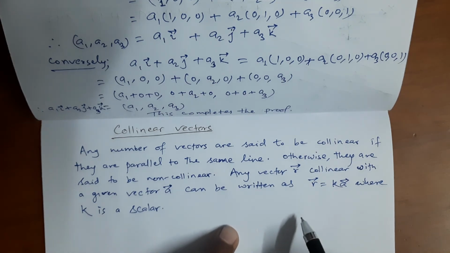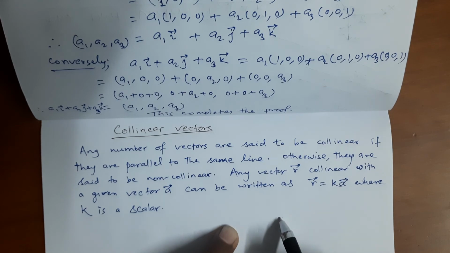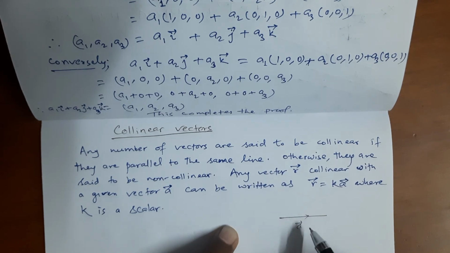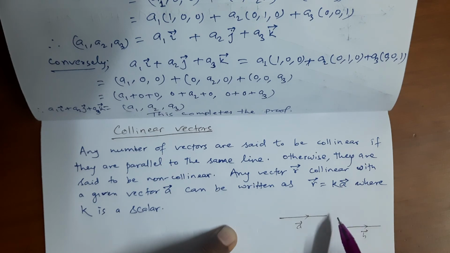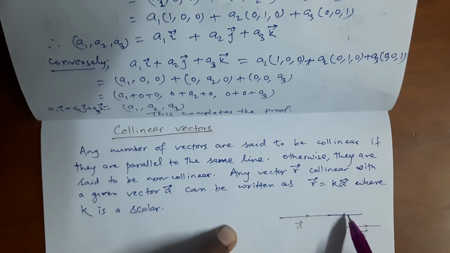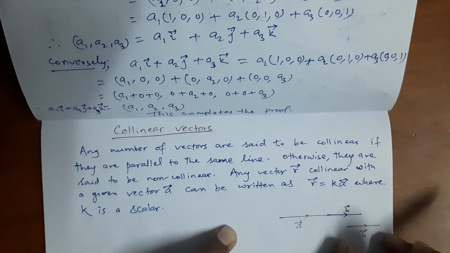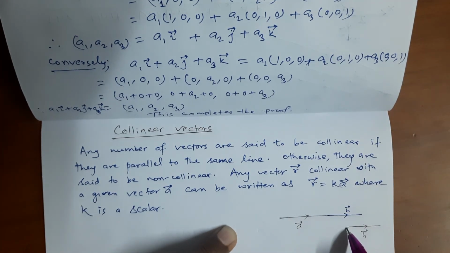Okay, so to be collinear, suppose one vector A is here, and then another vector is in this place. This is vector B, and this vector B will be the same as another vector B here, having the same direction and the same magnitude. This can be shifted here because the origin of this vector is here and the origin is shifted here. So for vectors, the origin can be taken anywhere.